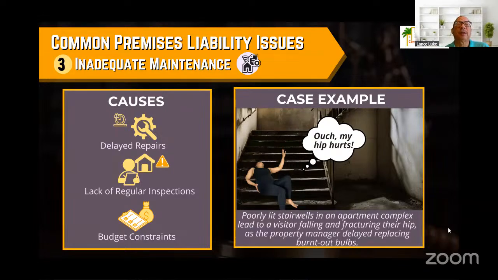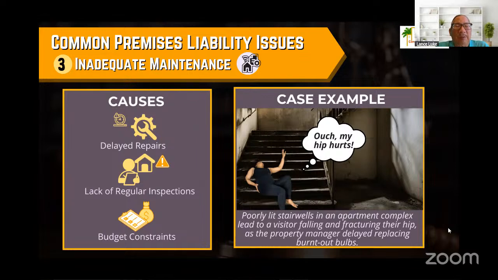Common premises liability issues are attributed to inadequate repair and maintenance. So in this category, the causes could be delayed repairs. Maybe they're waiting for a part. Maybe they just have too much to do and they can't finish things in a timely manner on their repair list.